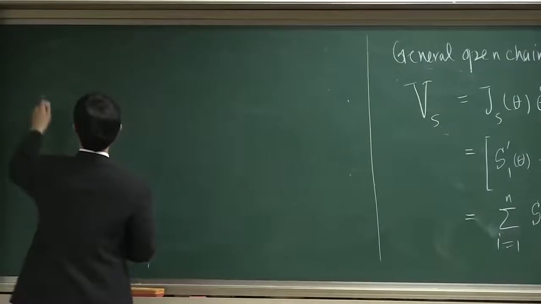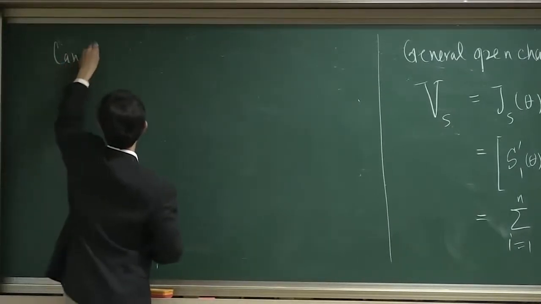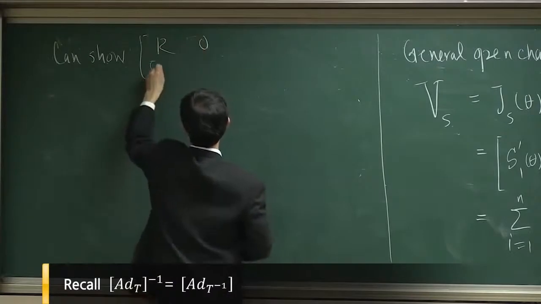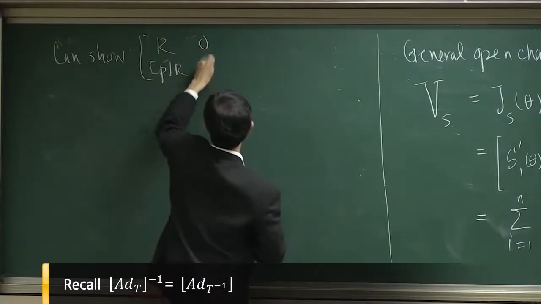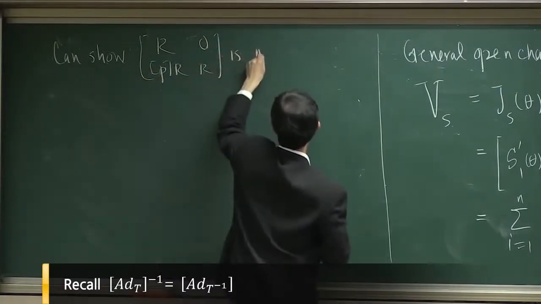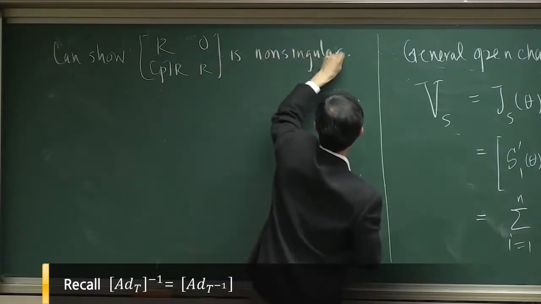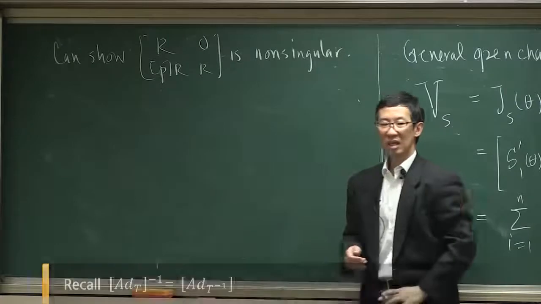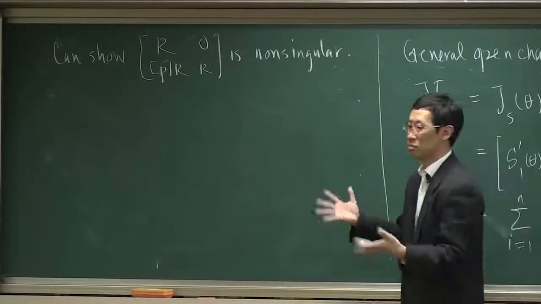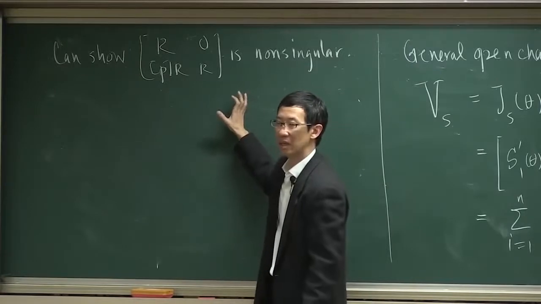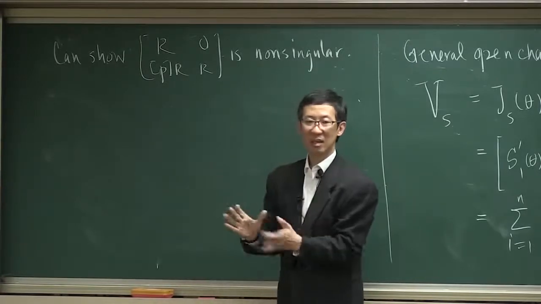Okay, so we can show that P R is non-singular. Easiest way, right? Just write down its inverse, and show that its inverse always exists, is well defined.